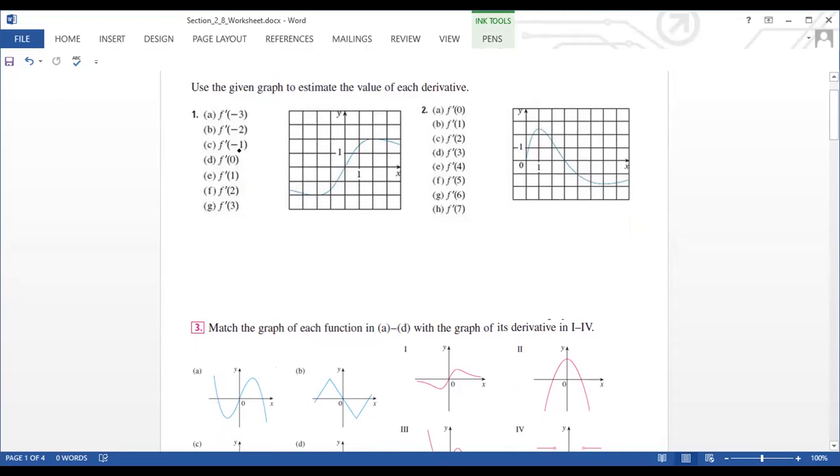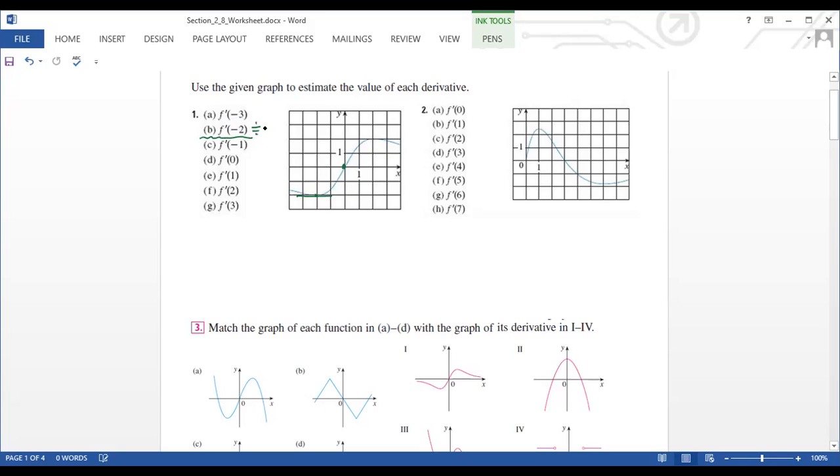So for example, here I said negative 3, right? So the negative 2, okay, let's take a look at this one. The negative 2, so this is 0, so negative 2 is here. Remember, the derivative is the slope of the tangent lines, right?